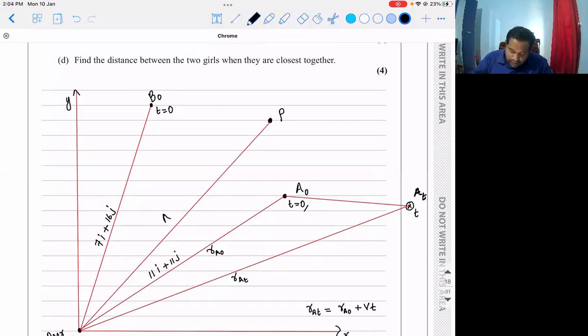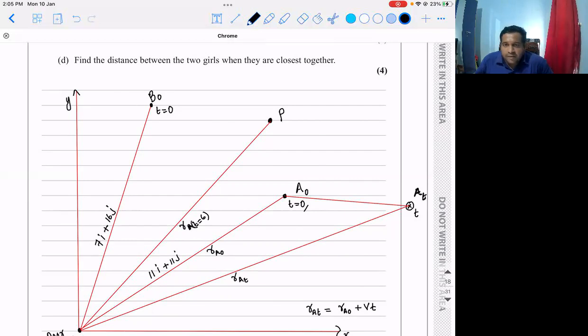So this is actually the position vector of Agatha at 6 seconds. So this is the position vector of Agatha at t equal to 6.